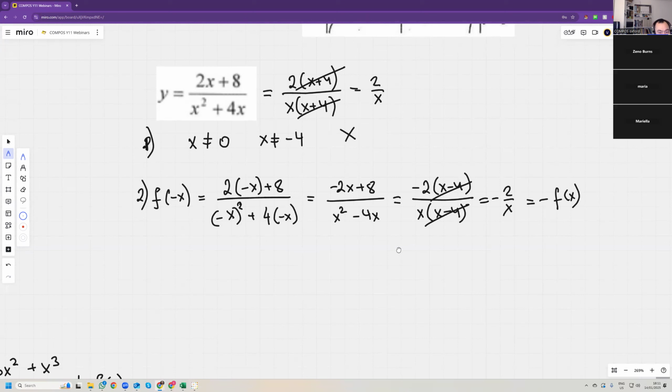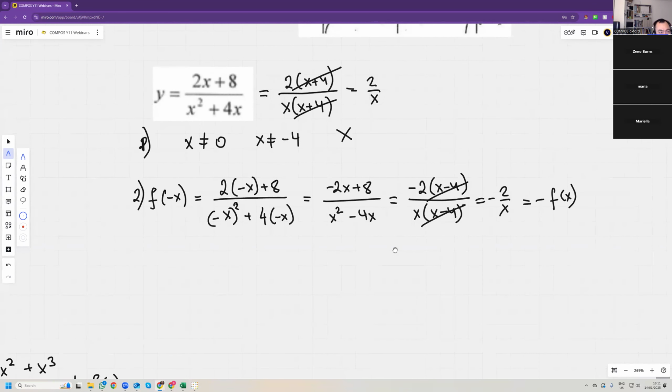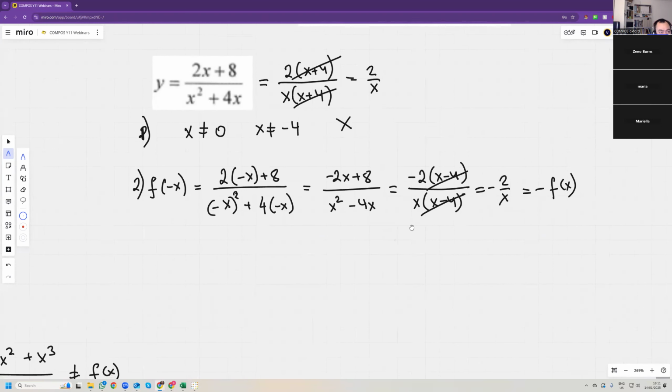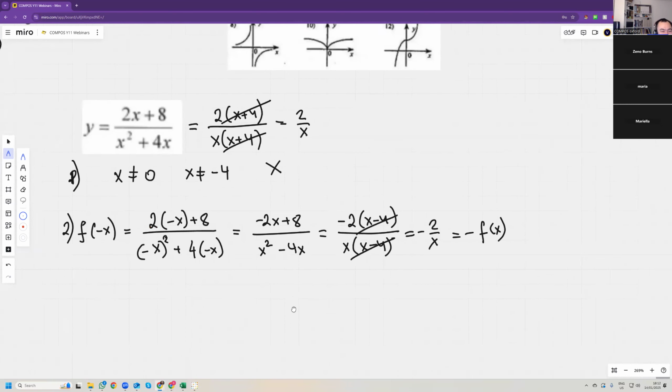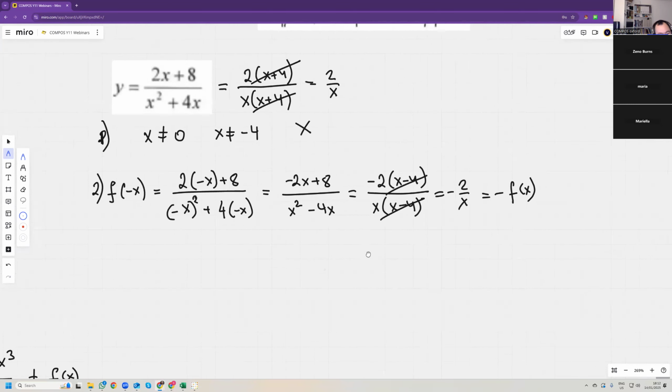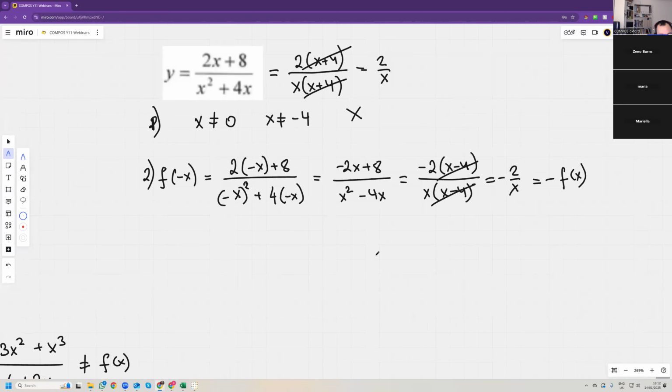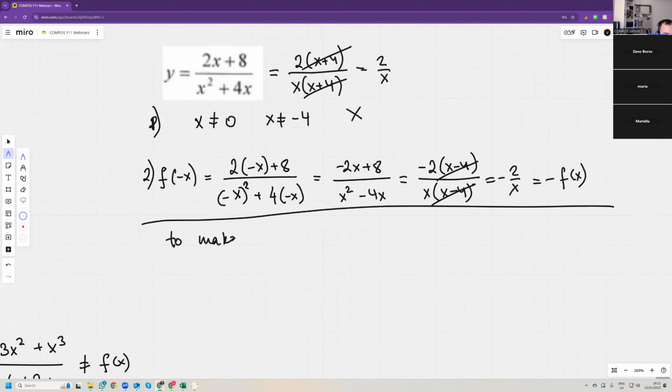And it's going to be at -4. This is going to be -1/2. So in order to make it odd, we need to modify it.